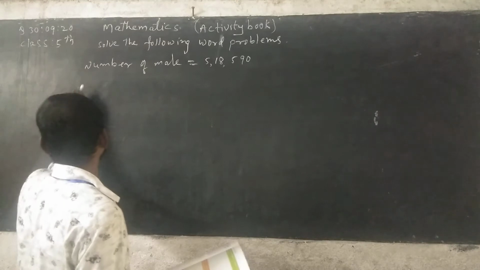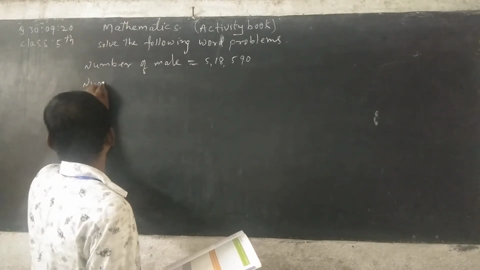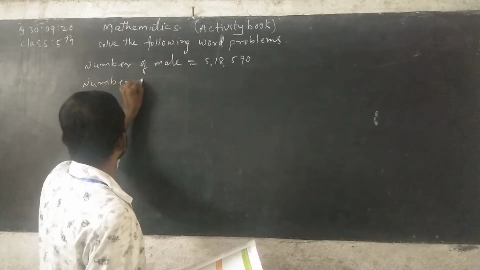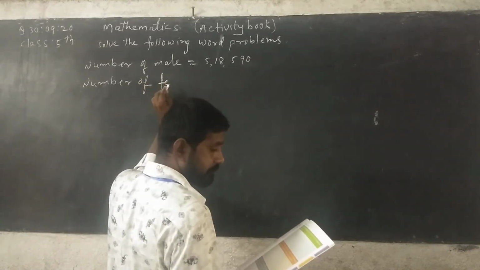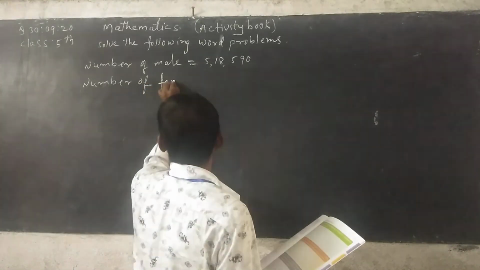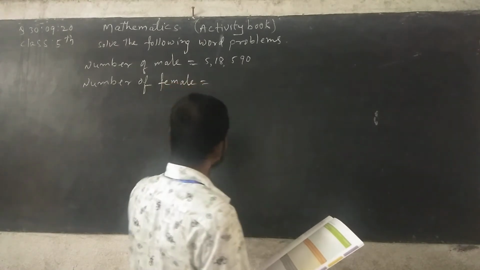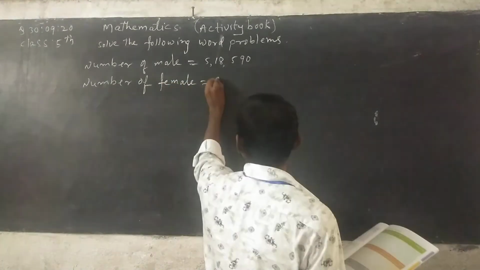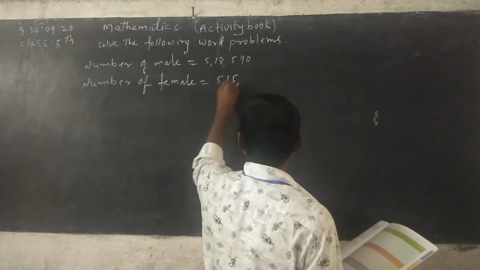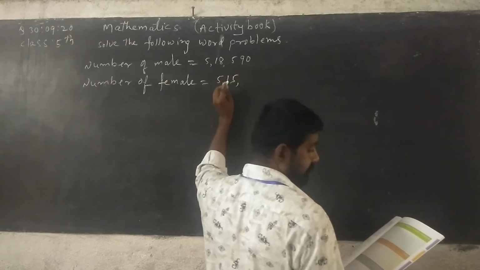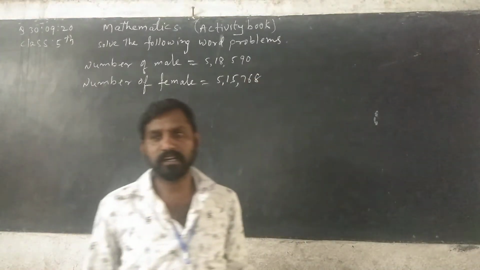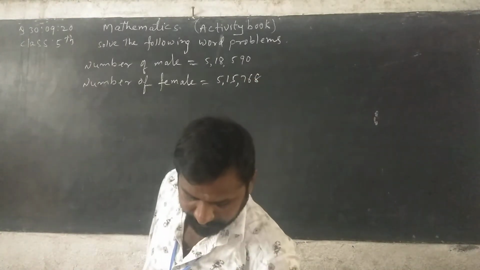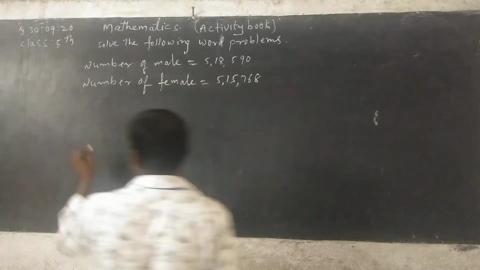The number of females is equal to 5,15,768.